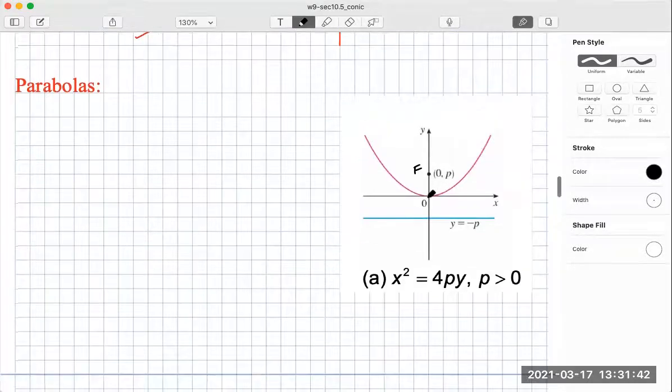And here, this is the vertex of this parabola at this point. And this is the directrix, this line, okay? And here is the axis.